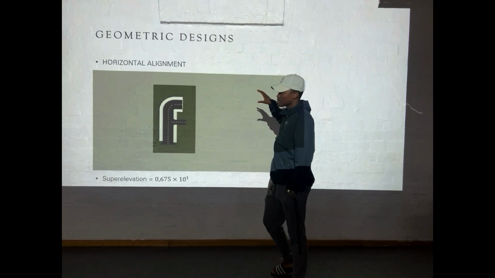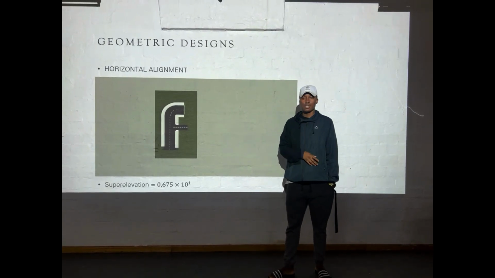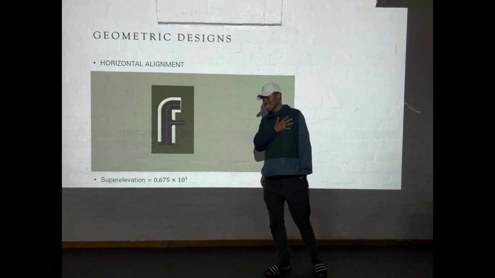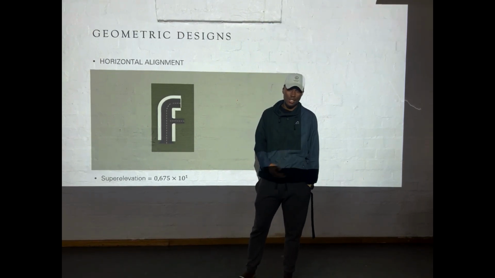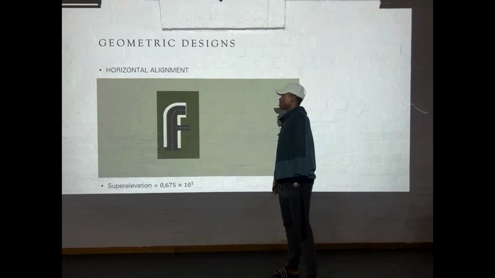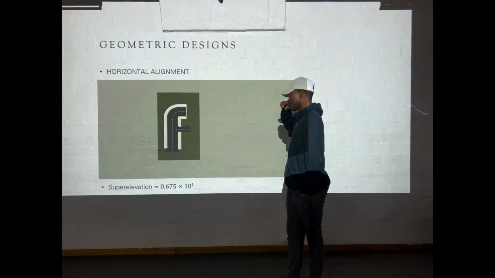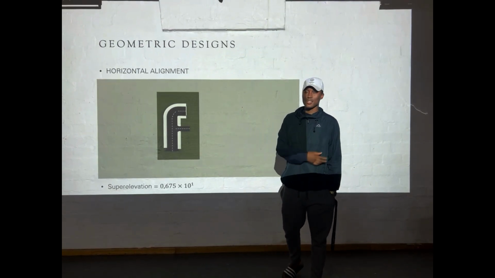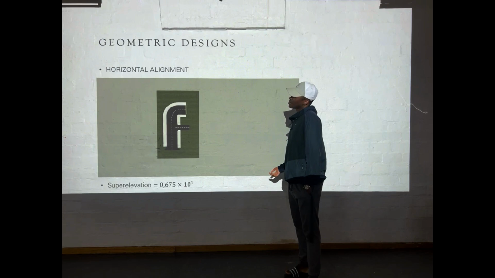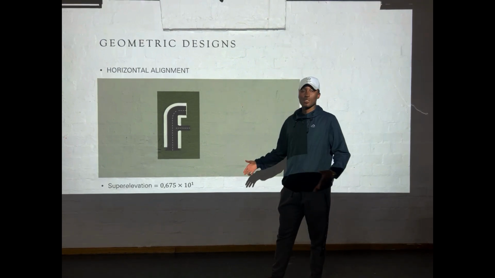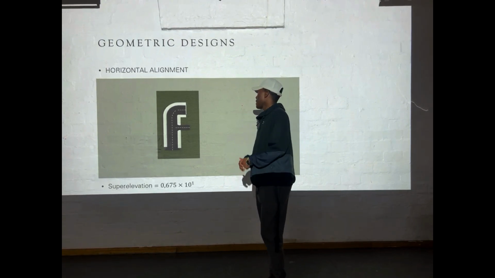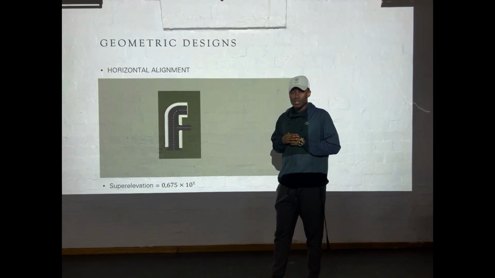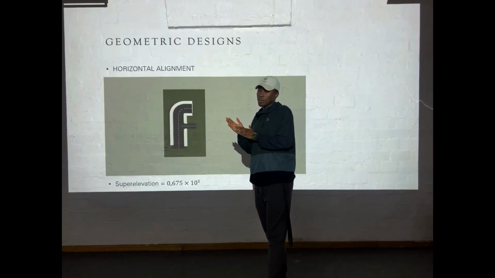For this particular road, we use a design speed of 60 kilometers per hour because it is a residential area, so we cannot use maybe 120 kilometers per hour. And the width of the road is 7.5 meters, and the length of the road is 3 kilometers.